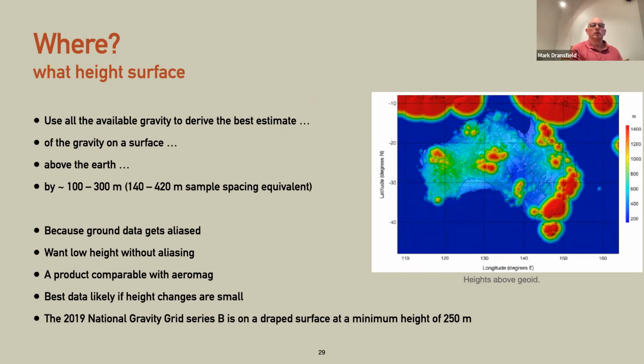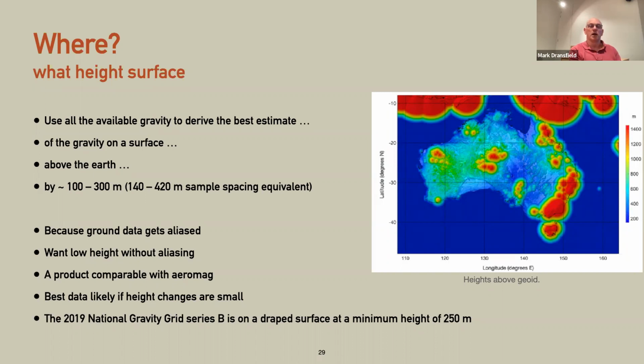Well, you want to use all of the available gravity information to derive the best estimate of the gravity on a surface above the Earth by about 100 to 300 meters. And that is kind of equivalent to a sample spacing in the range 140 to 420 meters.